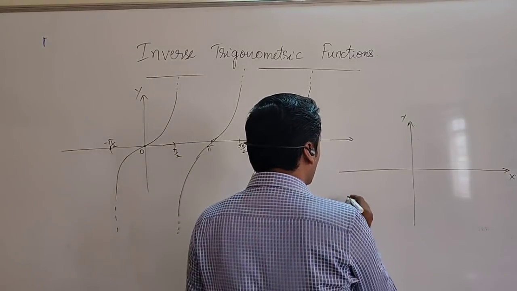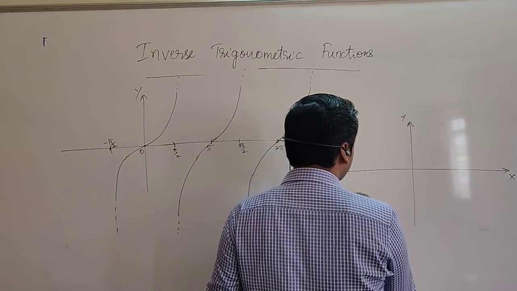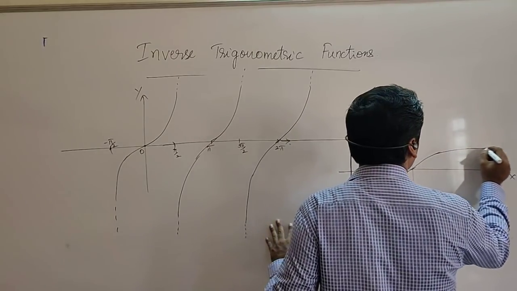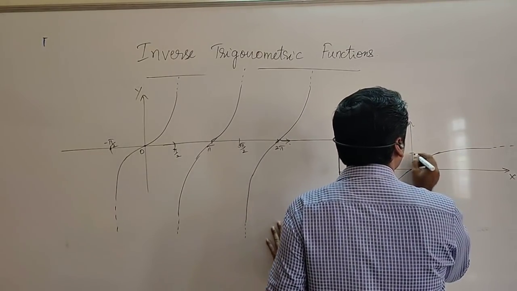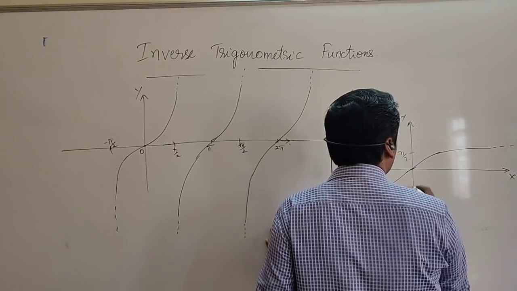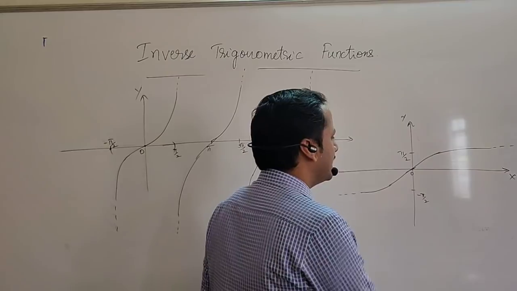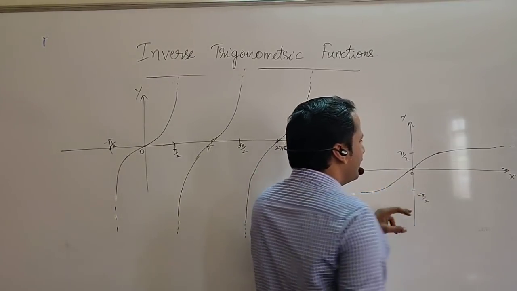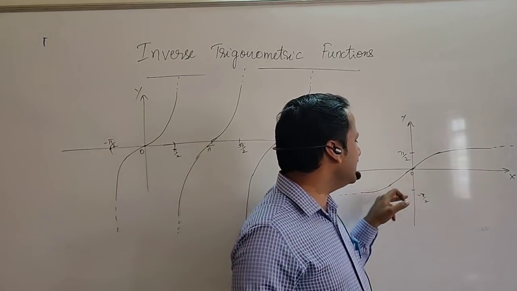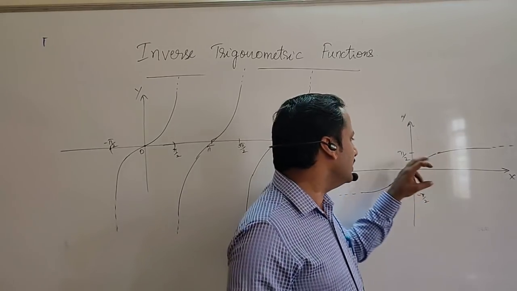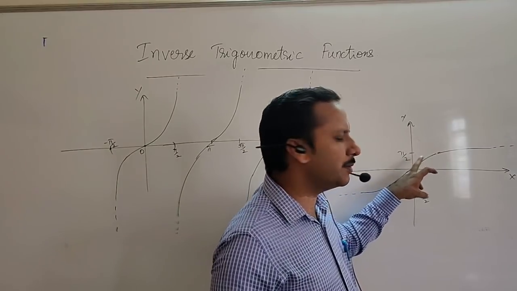The graph will look like this. This is pi by 2 and this is minus pi by 2. So x can be any real number, but tan inverse x will always lie in the open interval minus pi by 2 to pi by 2.